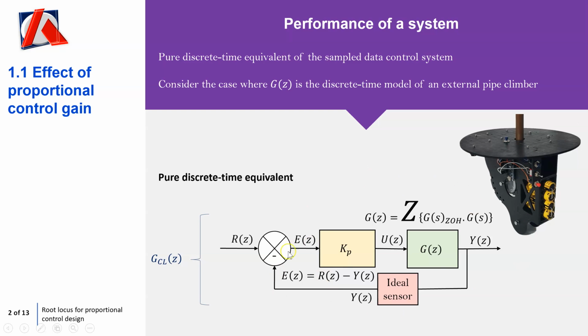That effectively uses a feedback control system that looks a little bit like this, where we're measuring the output, which in this case uses some sort of distance sensor to measure from this point to the ground. We've got our reference, which is where we want the pipe climber to stop on the pipe, and then we form an error when there's a difference between where we are and what we want.